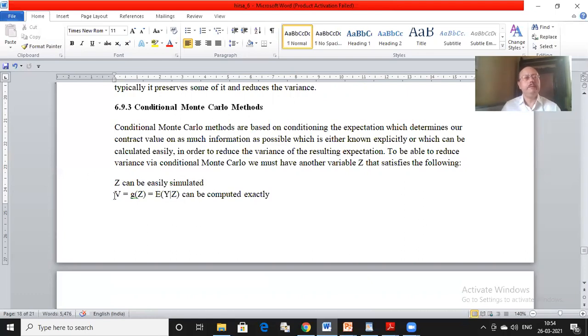I look at a function g(z), which I call v, which is nothing but the conditional expectation of y, which is my target, the actual target, given z. So I need z, which can be easily simulated, and I also need this function g(z), a conditional expectation that can be computed exactly.